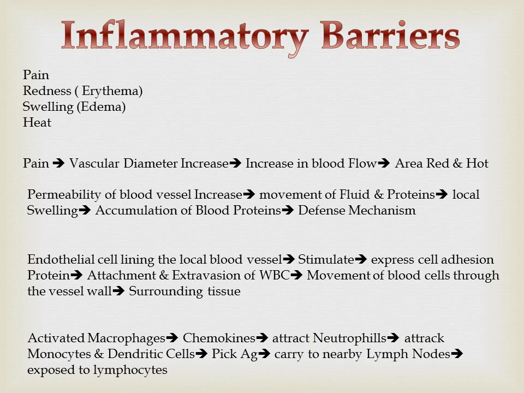Next are activated macrophages. Activated macrophages will help in activation of chemokines, which will result in activation of neutrophils. They will attract monocytes and dendritic cells. At the end, they will pick up the antigen and move it to the lymph nodes. The lymph node is the place of antigen-antibody interaction.